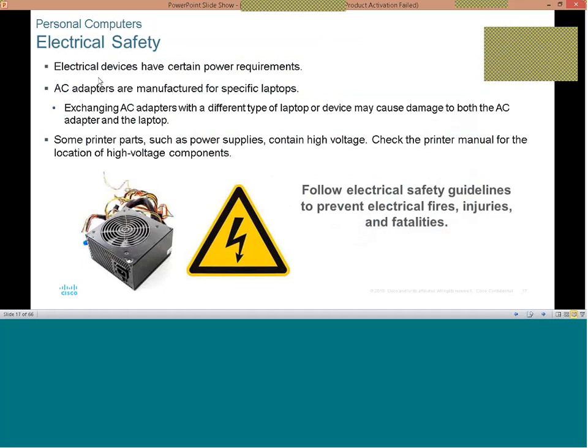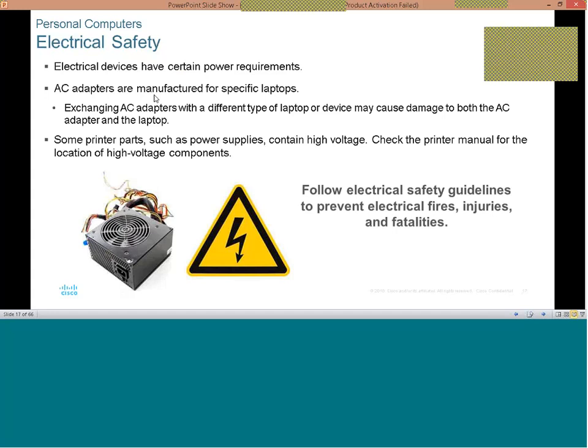And so electrical devices have certain power requirements, and we need to look at the requirement. AC adapters are manufactured for specific laptops. If you look at your laptop, the one you're using, you have a power adapter. This power adapter is actually rated in DC volts.